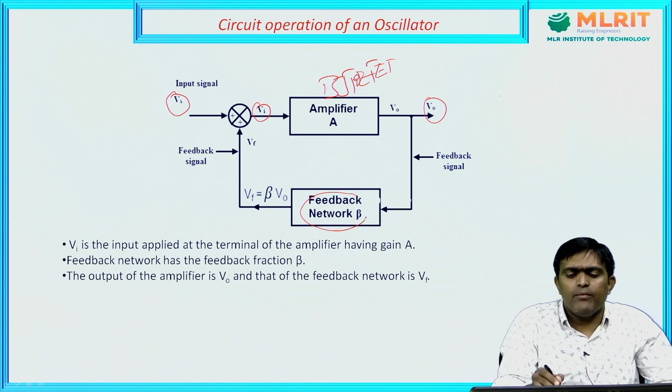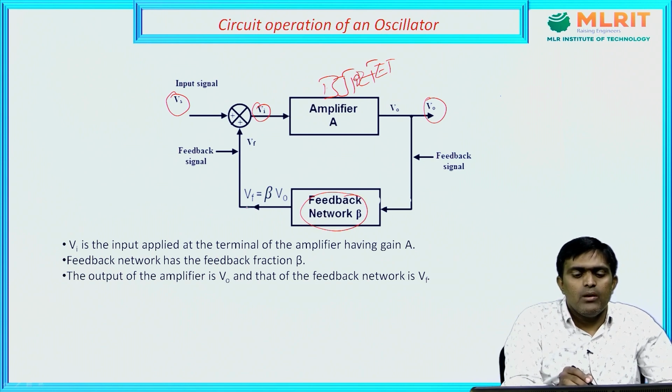So we have a feedback network beta, and the feedback voltage Vf equals beta times V0. Whatever V0 we take here, beta times V0, we give again to the input. So Vi is the input before feedback, and Vf is the feedback signal.